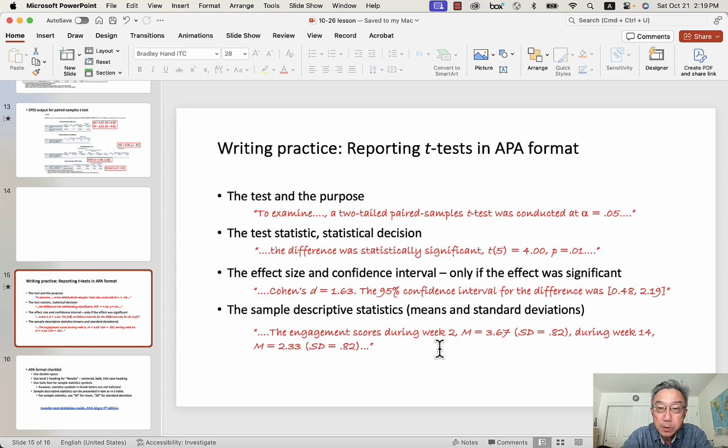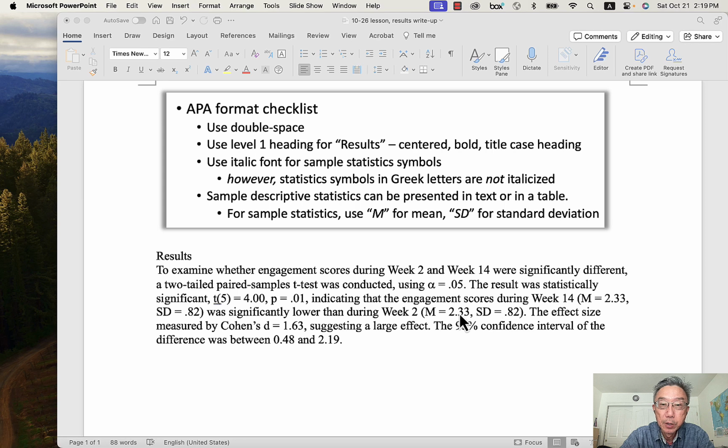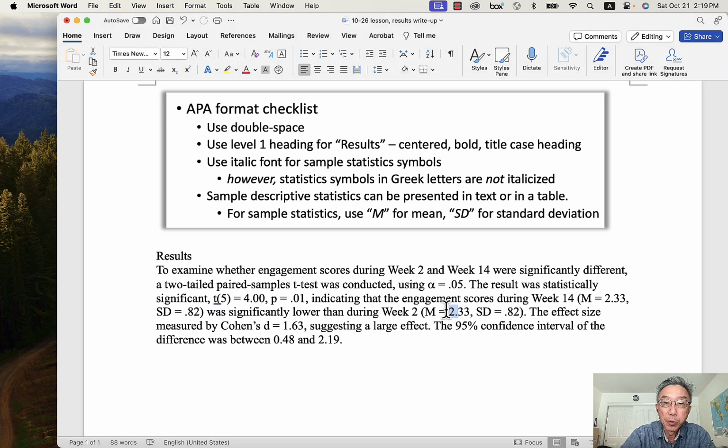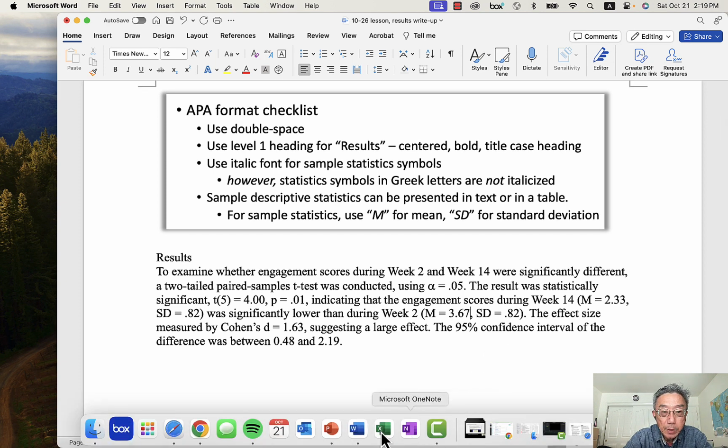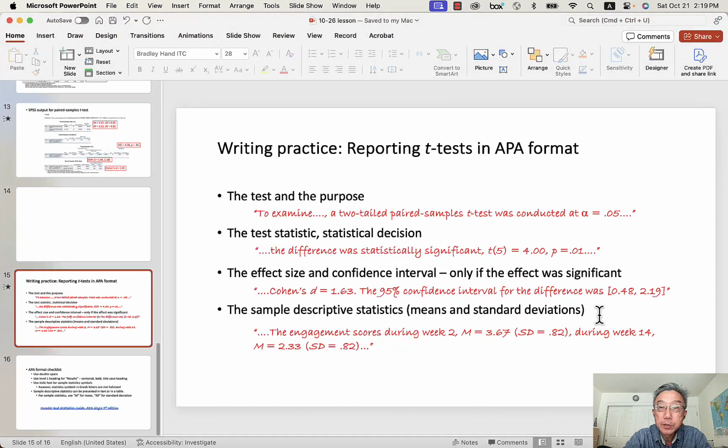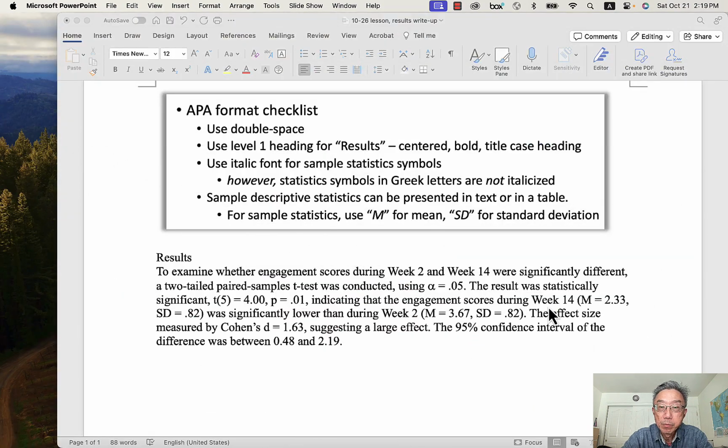Let's see, 2.33, 3.67. Okay, so week 2, M equals 3.67, and standard deviation equals 0.82. I believe that was 0.82. Yes, standard deviation remained the same.